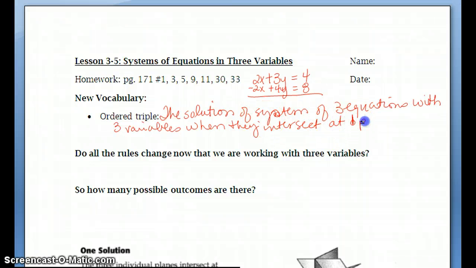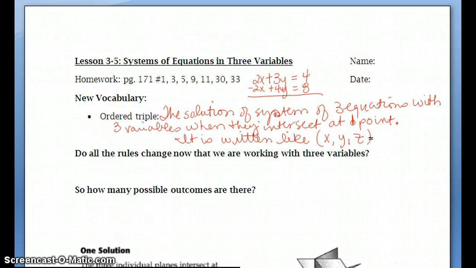Just one point. It's written usually like, in parentheses, the x value, the y value, and the z value.